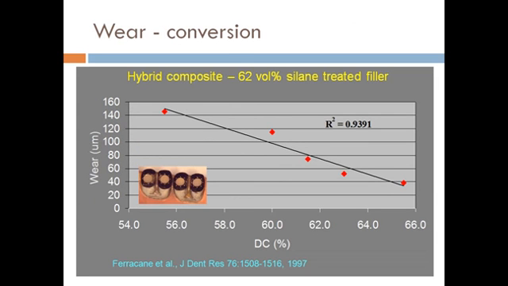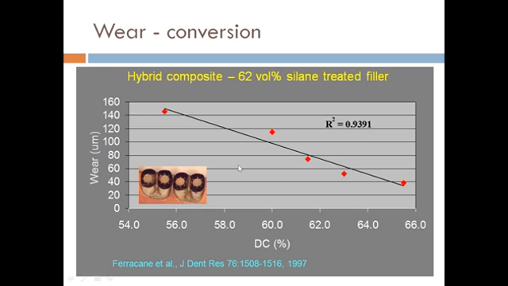This is a study by Dr. Farrakhan and Dr. Mitchum, who passed away a few years ago and used to be in our department. What they did was correlate the wear with the degree of conversion of restorations. But obviously, you wouldn't purposely put a low conversion restoration in a patient's mouth. So what they did was make this contraption type of restorations into full dentures, and they got volunteers to wear them for a period of time.